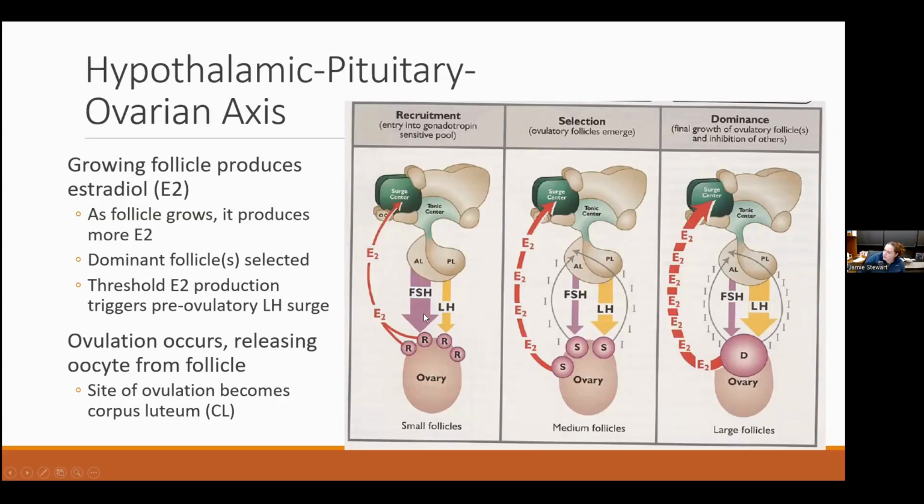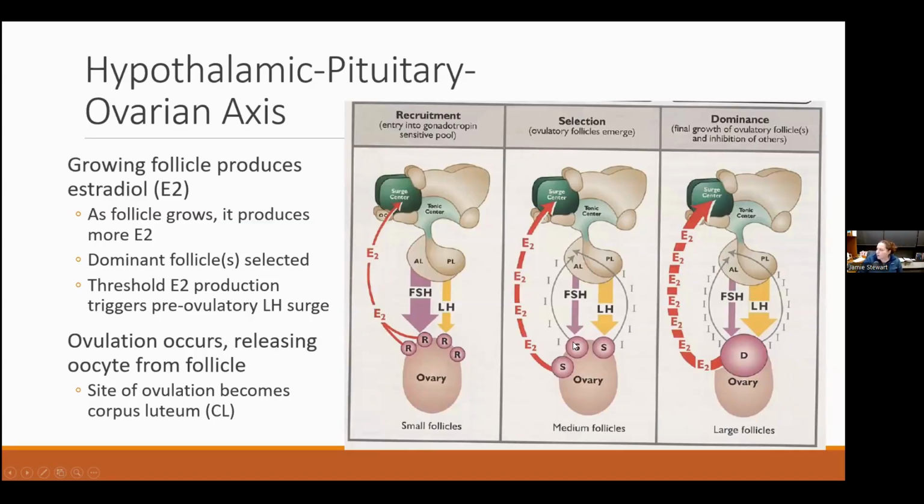The different sizes of these arrows represent different concentrations. Now we're starting to decrease our FSH a little bit and we're getting a little bit more LH. Then here you can see we've got a lot more estrogen. We don't really need FSH to stimulate any more growth, but we need to get it to ovulate. That's where it's dumping that LH, what we call the LH surge, which is going to trigger ovulation of that dominant follicle.